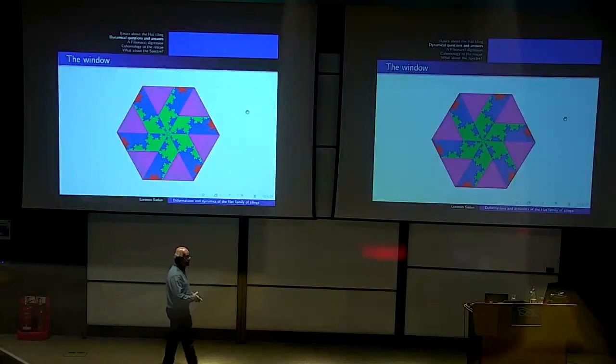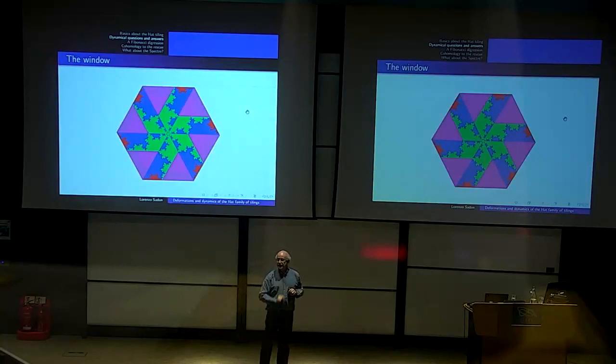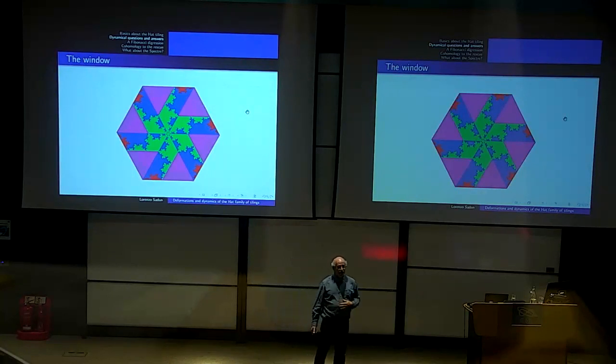What you do is you take a big patch of your tiling, and for every point, which is a linear combination of 1, the golden mean, the 6th root of 1, and the 6th root of 1 times the golden mean, you take the algebraic conjugate and the complex conjugate.